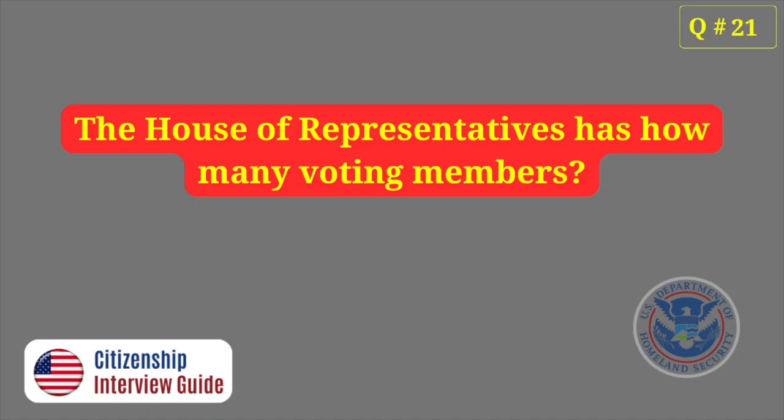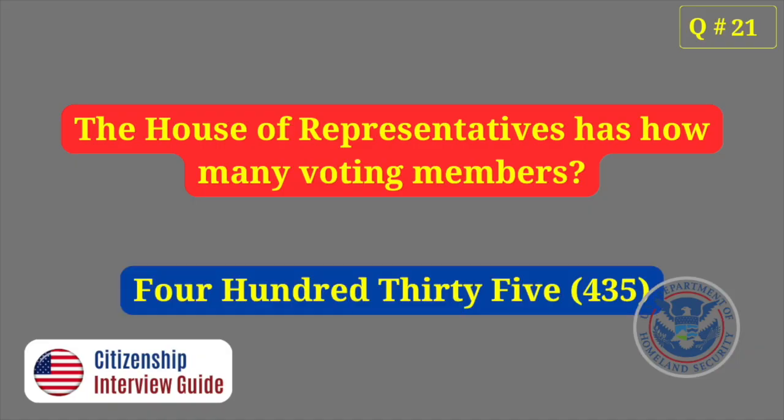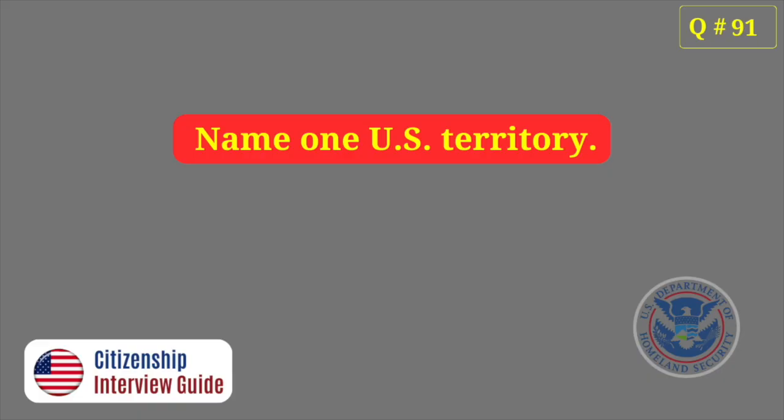The House of Representatives has how many voting members? 435. Name one U.S. territory.